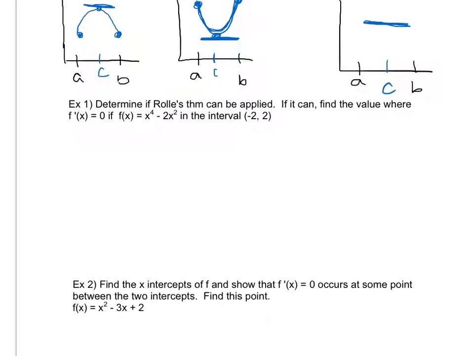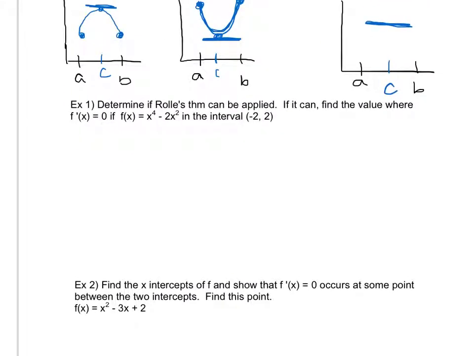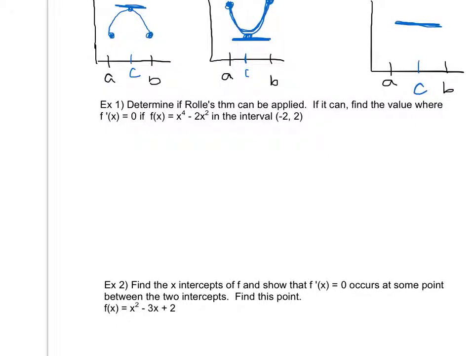We'll determine if Rolle's theorem can be applied, and if it can, we'll find the value where my derivative is 0. Looking at my first function, f of x equals x to the fourth minus 2x squared, on the interval from -2 to 2. In order for Rolle's theorem to be applied, I have to make sure that -2 and 2 give me the same y value.